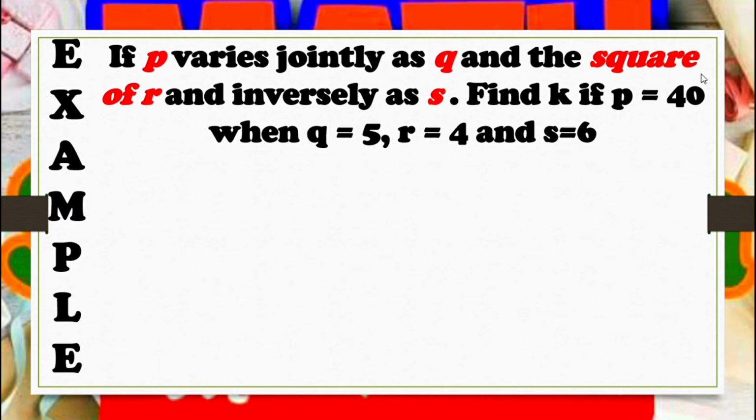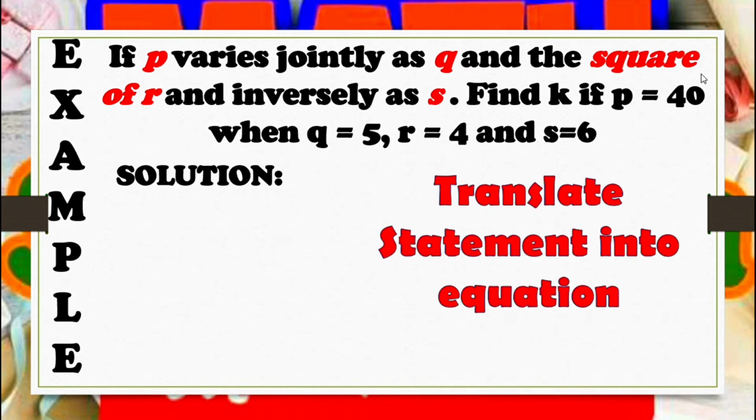If p varies jointly as q and the square of r, and inversely as s, find k if p equals 40 when q equals 5, r equals 4, and s equals 6. Again, in solving for our k, first thing we need to do is to translate our statement into equation. And the first statement will help us determine our equation.